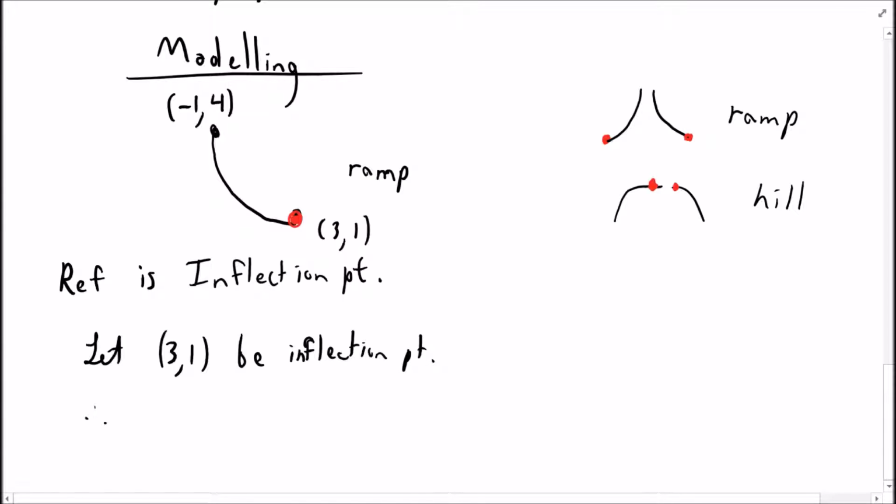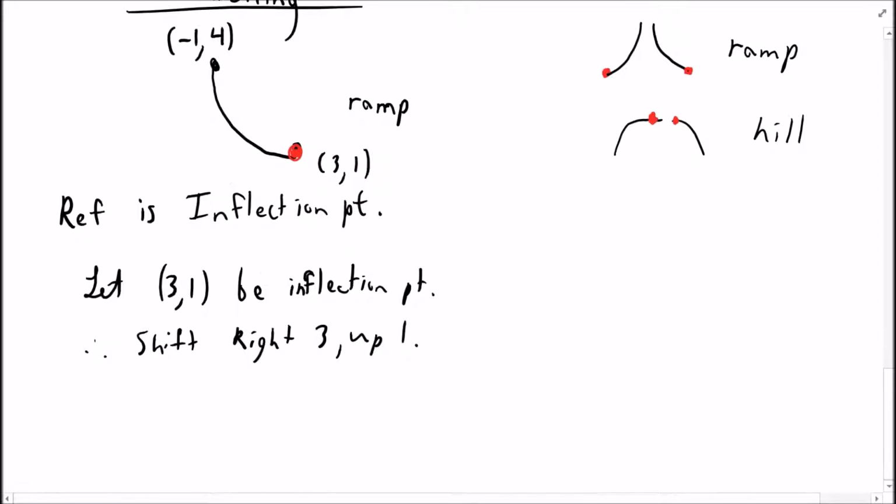So therefore, that is a shift right 3 and up 1. And if we know that, then B must be equal to 3 and C must be equal to 1.